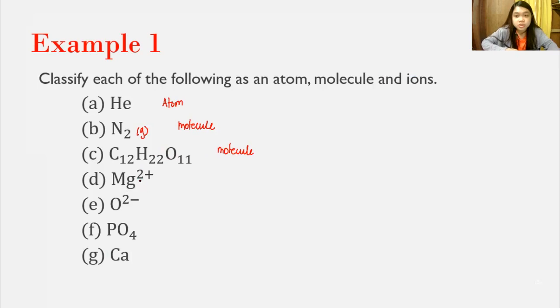Here, magnesium 2+. Yes, it's an ion, of course. And then O2 negative, that's the charge of oxygen. It's also an ion. And then here, PO4.